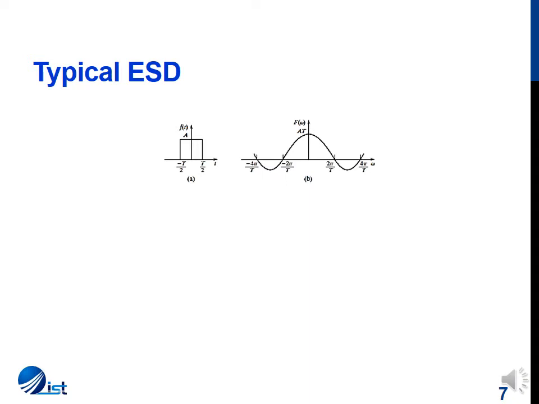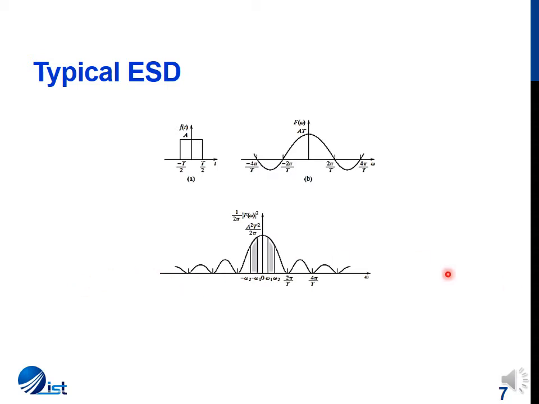So when we take the ESD, or the energy spectral density, since the magnitude square of F(ω) is taken, all the negative values also come positive, and because of the squaring, the peaks and troughs are more pronounced now.